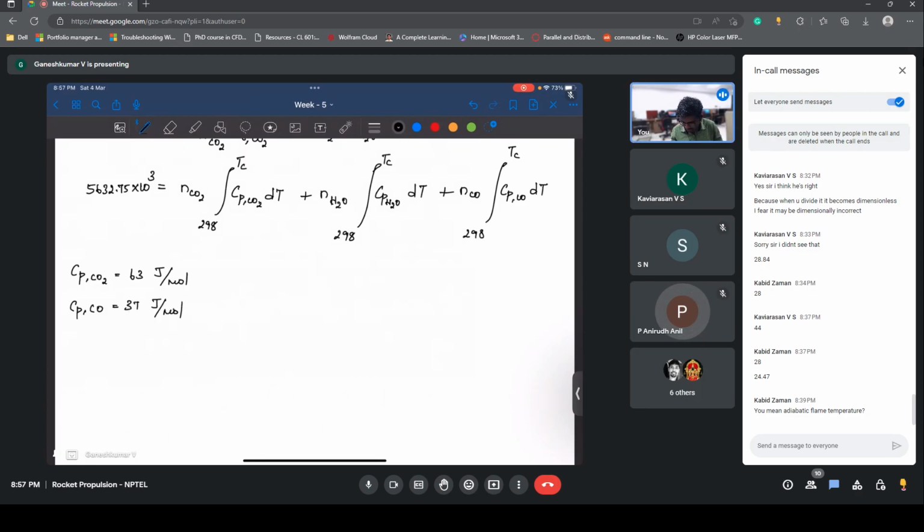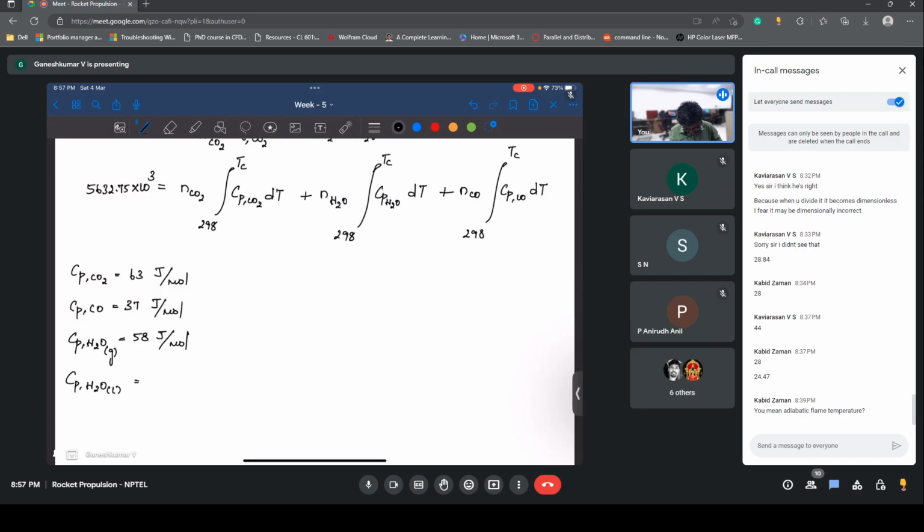So I have a few Cps here. Cp of H2O: now you need to note something very carefully. I have a gas Cp, but H2O remains as liquid at 298. I need to raise its temperature to 373 and make it gas.